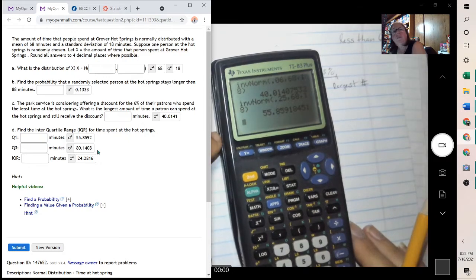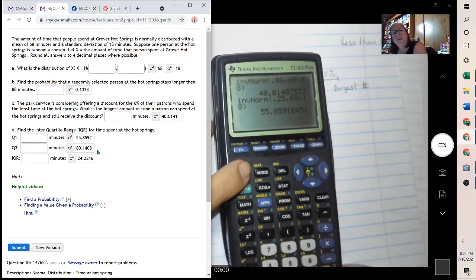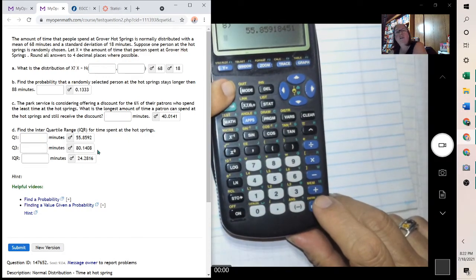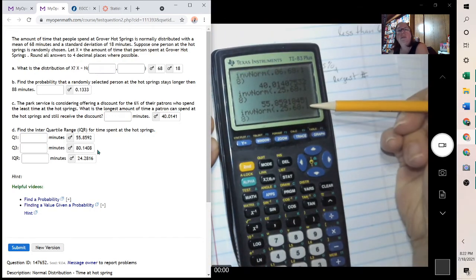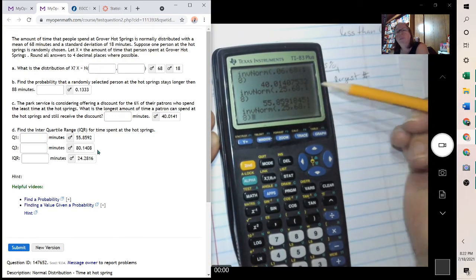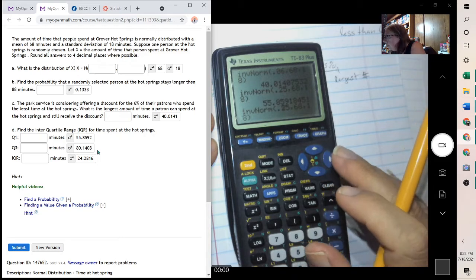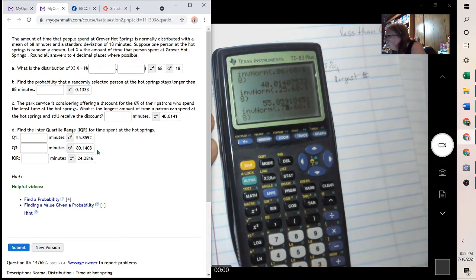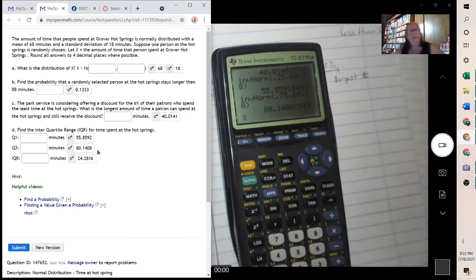Another thing you can do when you keep using the same formula, you can hit second and enter. Notice it brings up the same problem, and then I just make my 25 a 75. And that's 80.1408.